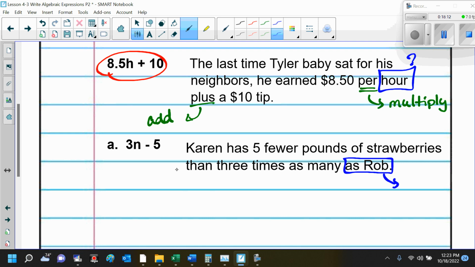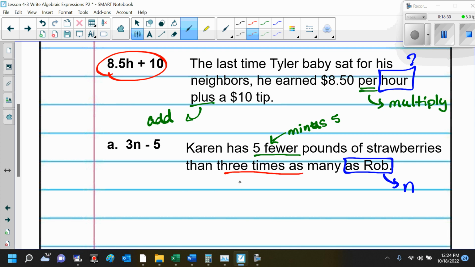Okay, so in our problem, we could change that to R if we wanted to, but that's our N. Then we've got 5 fewer. That means that we're going to subtract 5. Minus 5. And then we have 3 times as many.